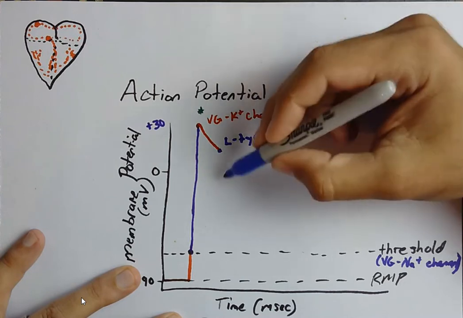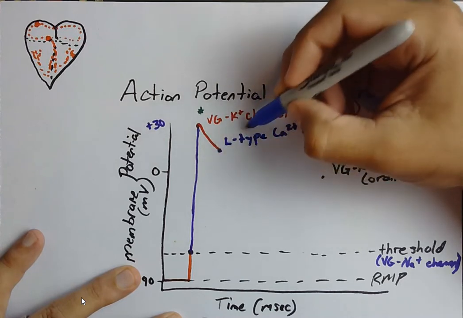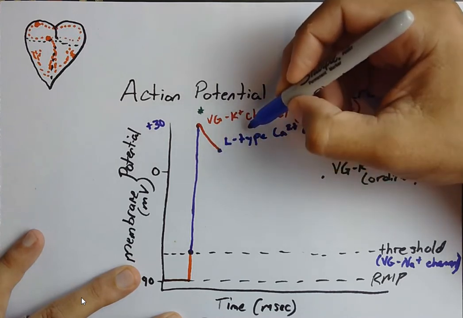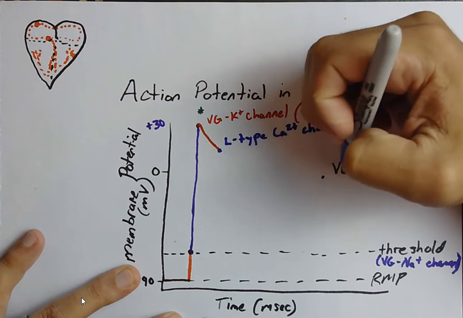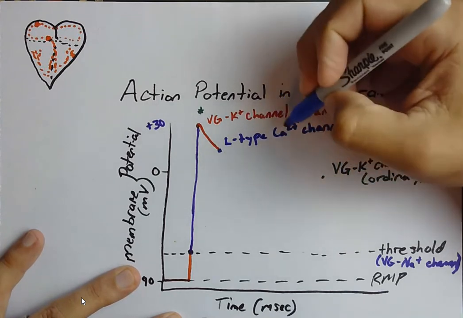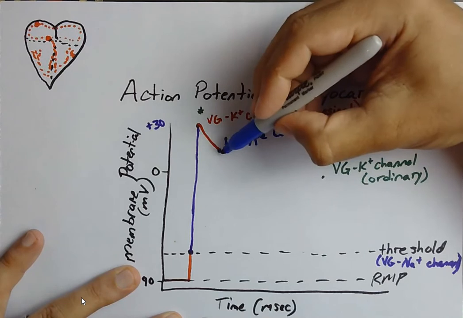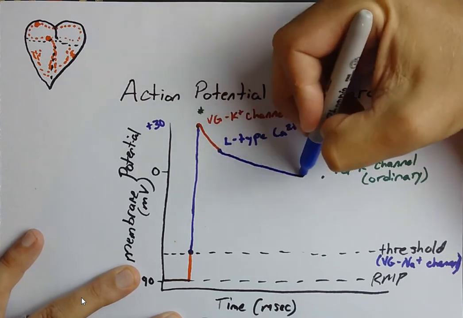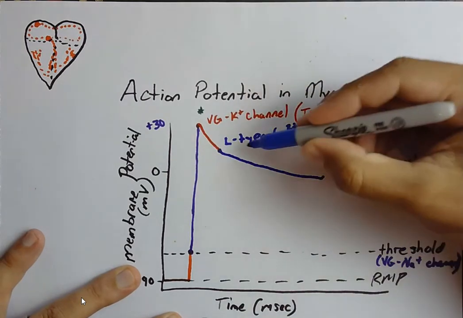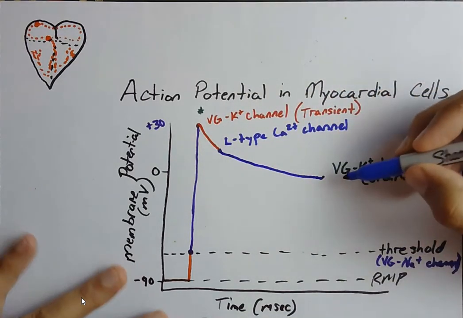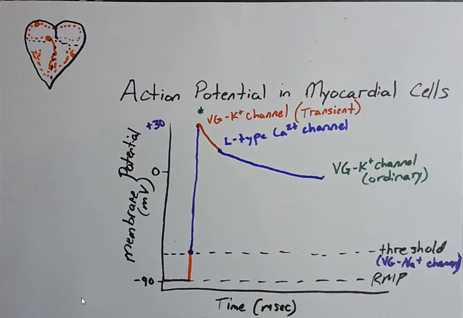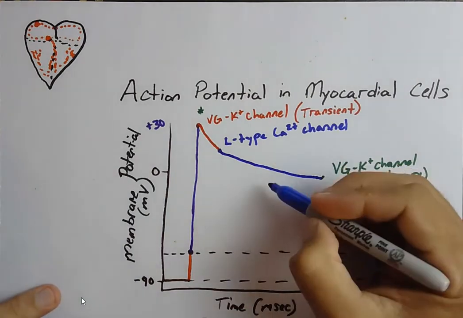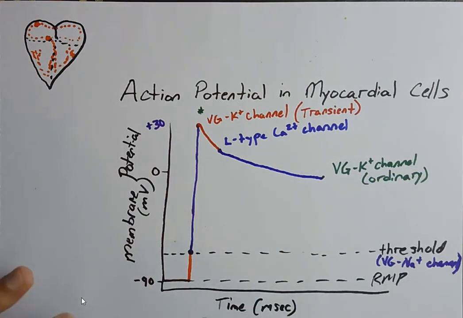That's bringing positive charges into the cell, which would make you think that it should start to depolarize again. However, since potassium is leaving at the same time that calcium is entering, what we end up with is this elongated plateau phase. Okay, it just kind of stretches out that action potential due to calcium influx.